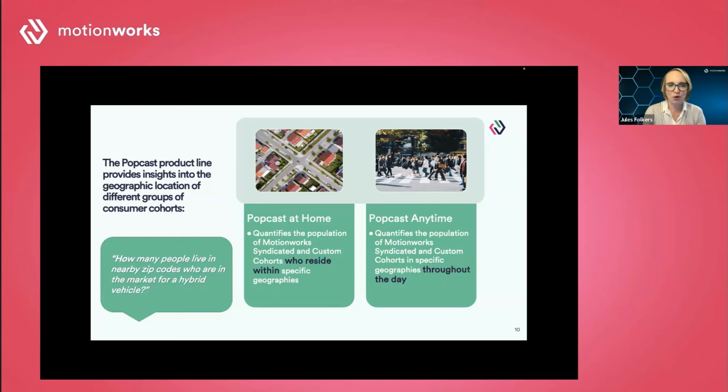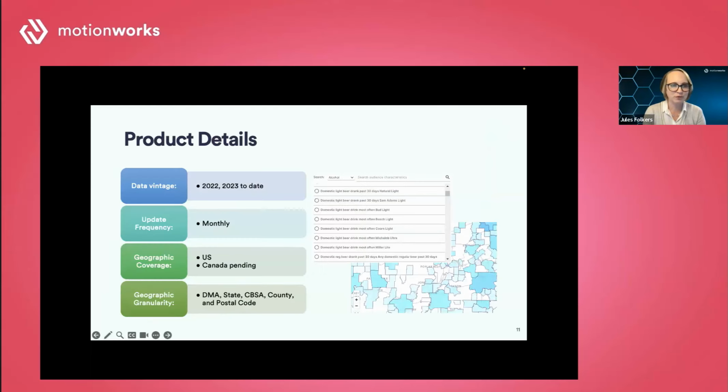Quick summary of those product attribute details through time and cadence. So we currently in our application today have data vintages going back to full year 2022 and to 2023 year to date.